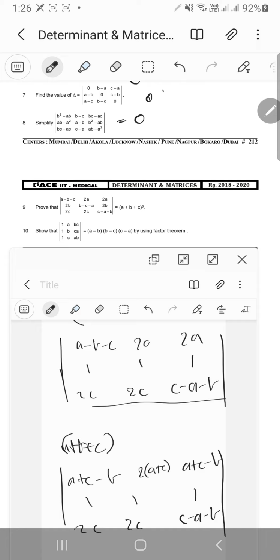A plus b plus c. That's what we actually will need, yes, that will be nice. C minus a minus b. And that will be 3c over there. That's not going to work.